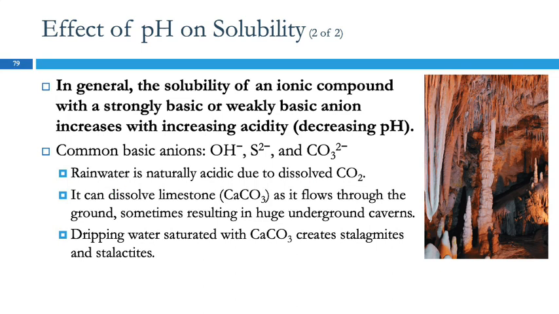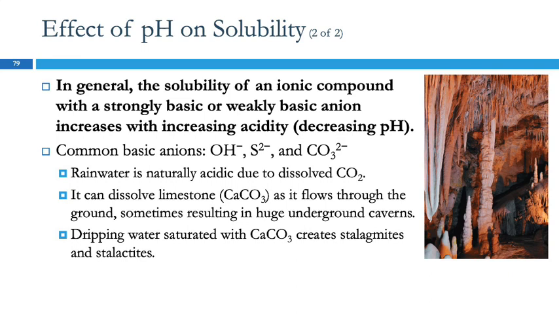We talked about acid rain. Rain is naturally a little bit acidic just because of the dissolved carbon dioxide. So as rainwater flows through limestone, it can start to dissolve it. And the result can be these huge underground caverns where rainwater over a long, long period of time has dissolved the limestone and it's run away.